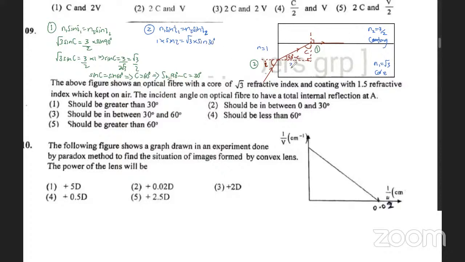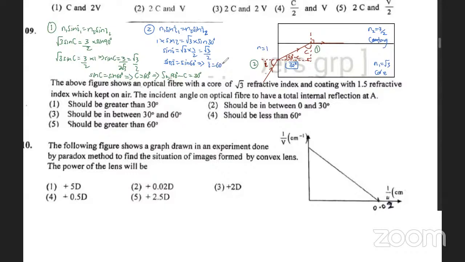We have figured it out. So tell me, what is sin 30? Sin I is equal to root 3 into half, that is root 3 by 2. So once again, sin I is also equal to sin 60. Wow. So I is equal to 60, people.